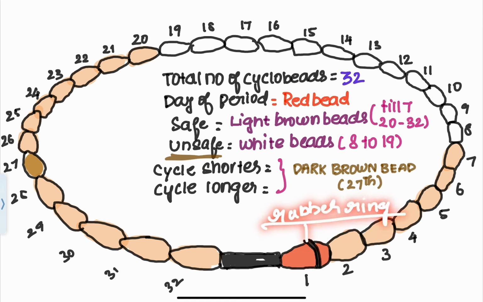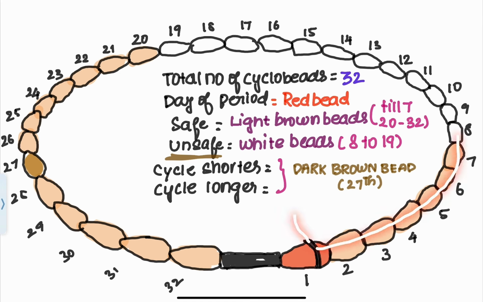You might have seen the mala held by many grandmothers, who recite some slokas and move each bead with each recitation. Similarly, you need to ask the female, starting from the day of menstruation, to move this rubber ring with the passage of every single day.